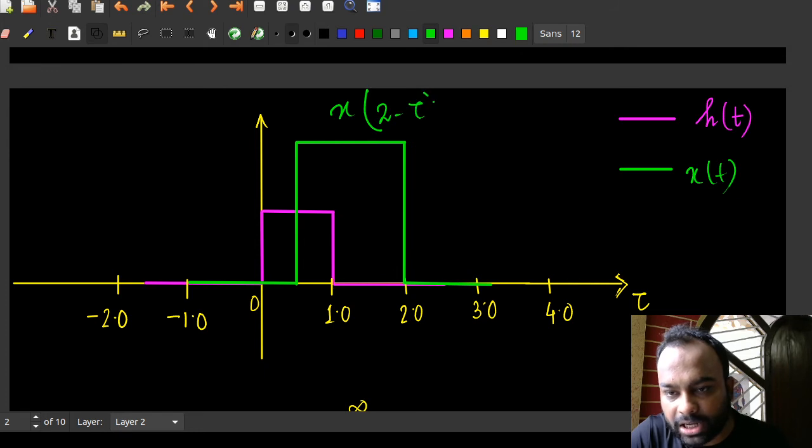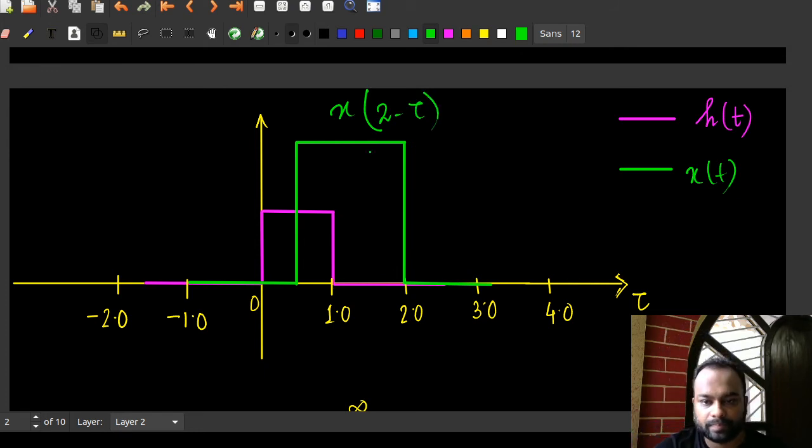That's 2 minus tau. So understandably, the overlapping area has now reduced, and this is the overlapping product.